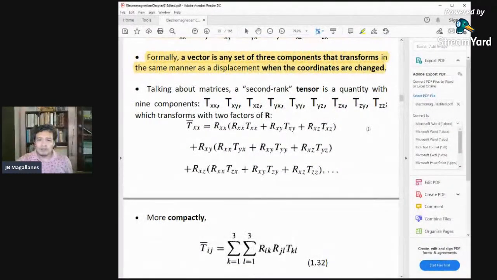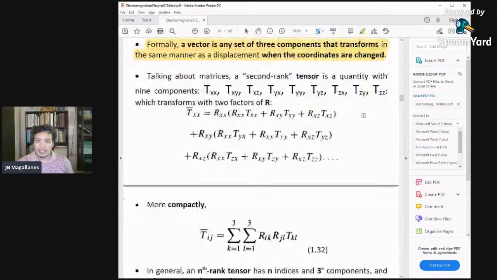So talking about matrices, there is what you call tensors. A second rank tensor, for example, is a quantity with 9 components. And the components are this one.